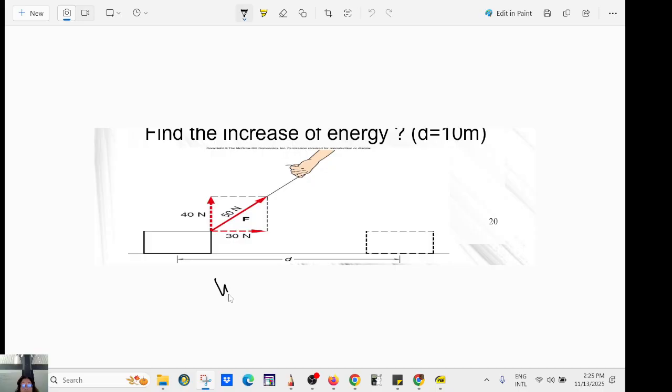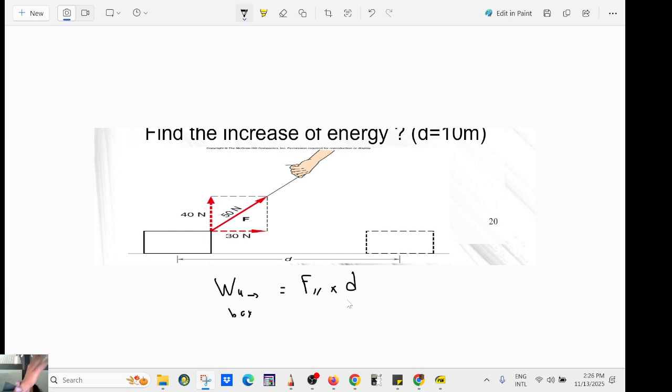Okay? It's not that easy to understand, but each component has a different job. So the work done by you on the box will be equal to the component of the force parallel to the displacement times your displacement or the distance. It's not really a displacement like connect first point to last point. It's really a distance.